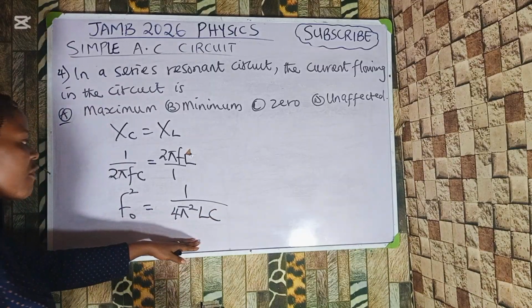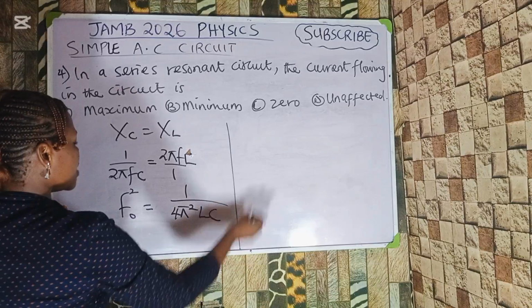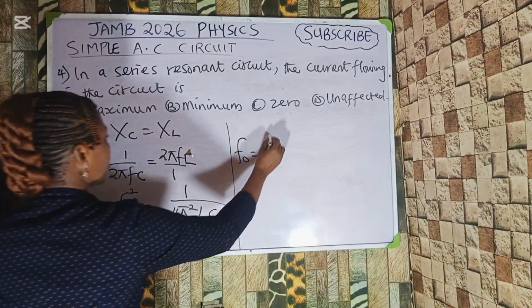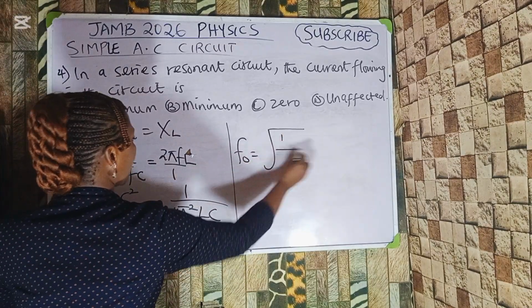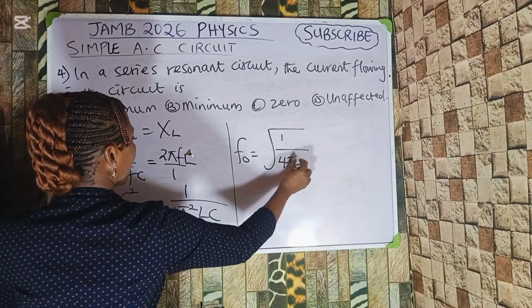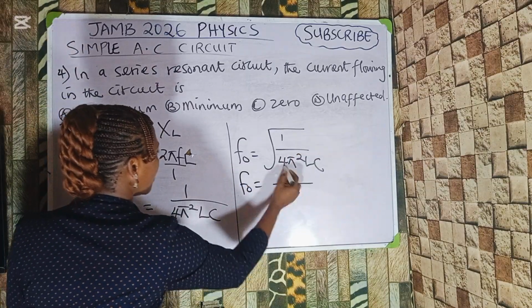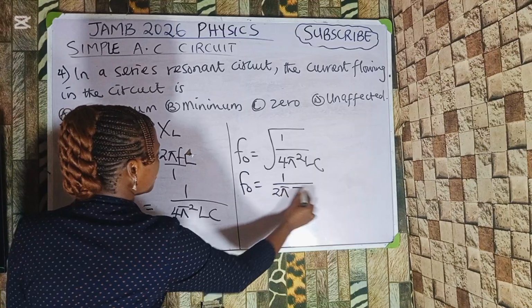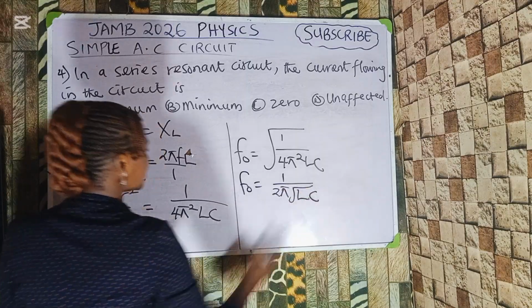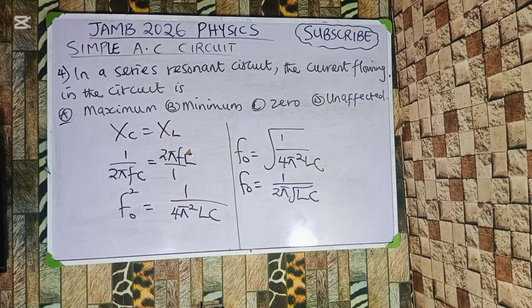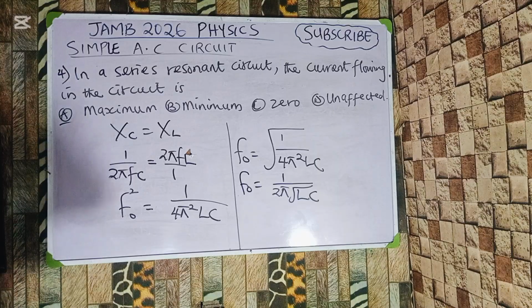If I take the square root of both sides, it's going to give me that f is equal to 1 over 2 pi root of LC, right? So this is the resonance frequency, which is obtained at resonance.